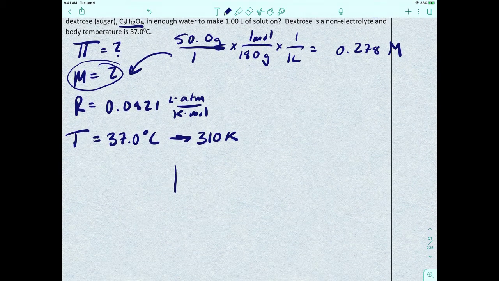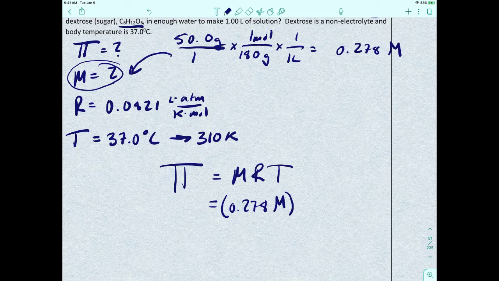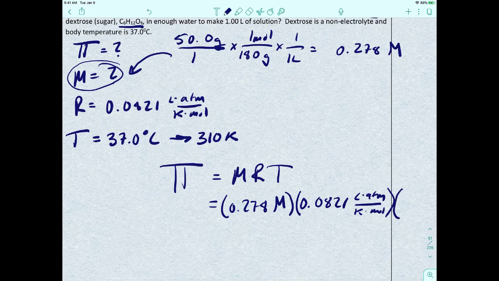All right, so now we have enough that we can use our equation. Pi is equal to the molarity times the universal gas constant times the temperature. The molarity is 0.278 molar, the universal gas constant is 0.0821 liter atmosphere over K mole, and the temperature is 310 Kelvin.